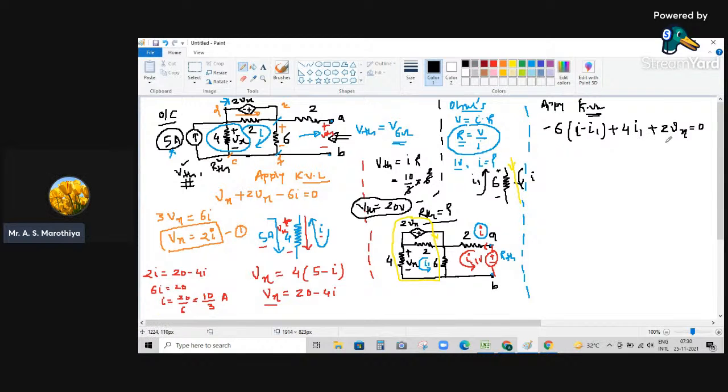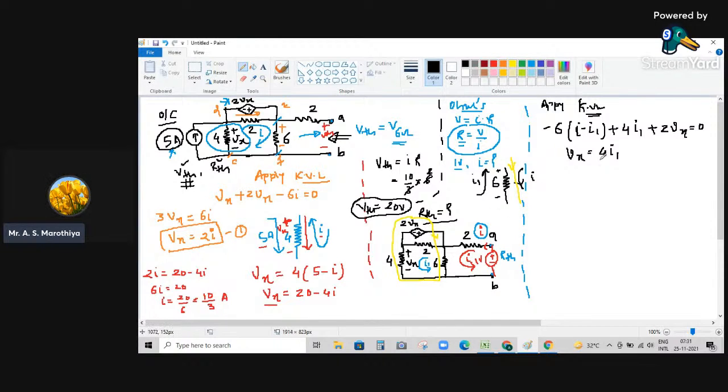Now let us rewrite this equation in terms of Vx. So Vx is equal to 4 times I1, because Vx is nothing but the voltage which appears across this 4 ohm resistor.